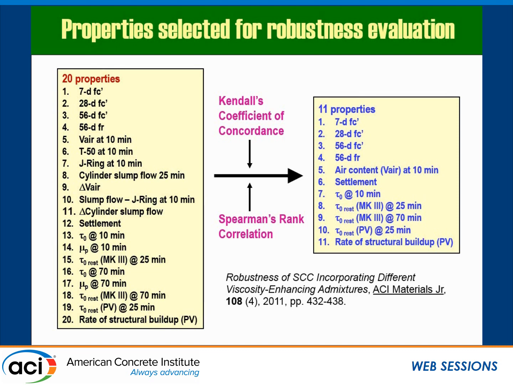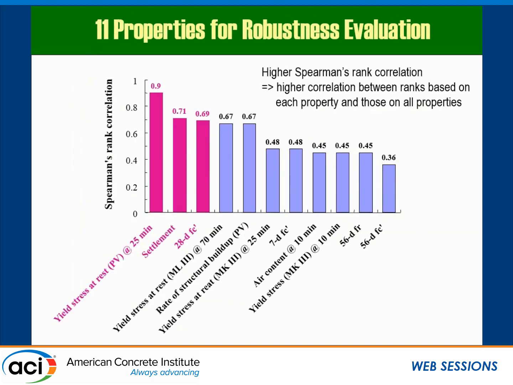And through statistical analysis, Kendall coefficient of concordance, etc., we determined that you can really mimic, as if you were doing all these properties, the degree of significance of detecting the robustness by reducing this to 11 properties. And still 11 properties is a lot, so through a more statistical approach, we determined that the most significant parameters are those 11 listed here.